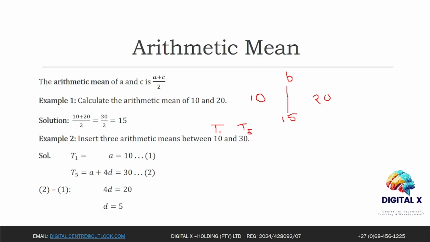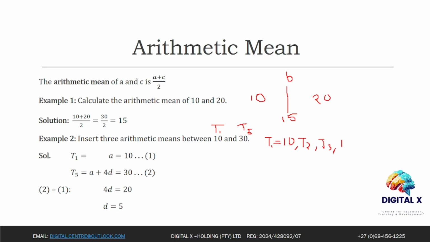In order for us to do so, we're going to construct our list of numbers. So remember, we have T1 equal to 10, and now we have to look for the second term and also the third term.